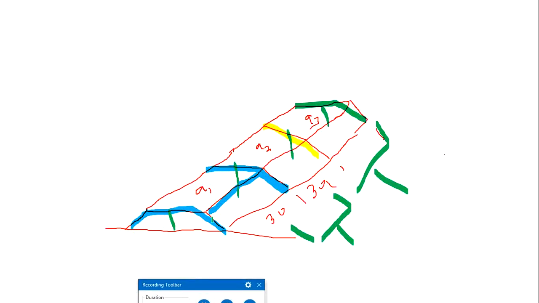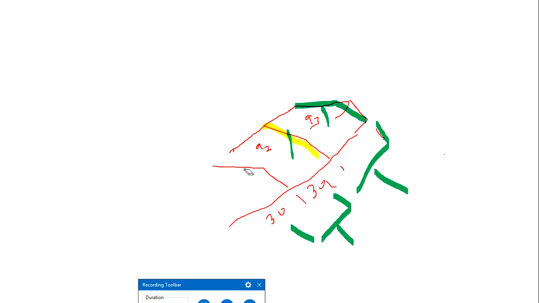So this is called the mean area method. The explanation will be like that. So this is what we are going to calculate in the mean area method.